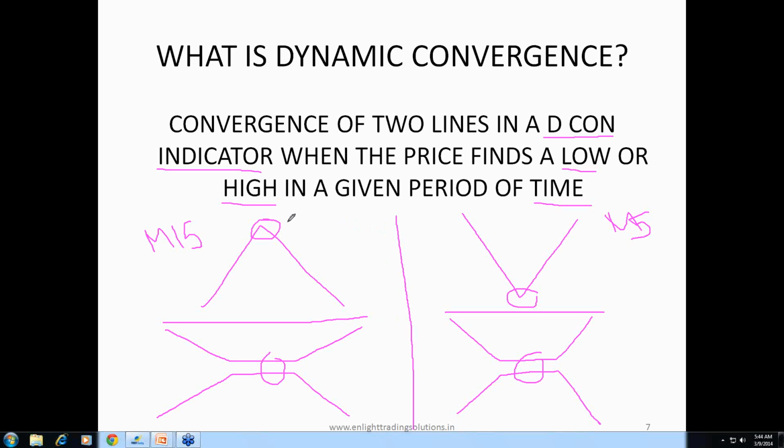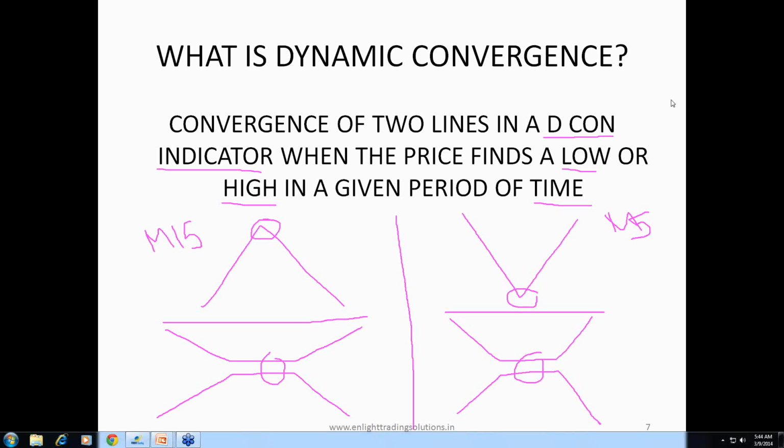The very basic idea of dynamic convergence is selling at the top and buying at the very bottom of the market in a given period of time. This is how it works.